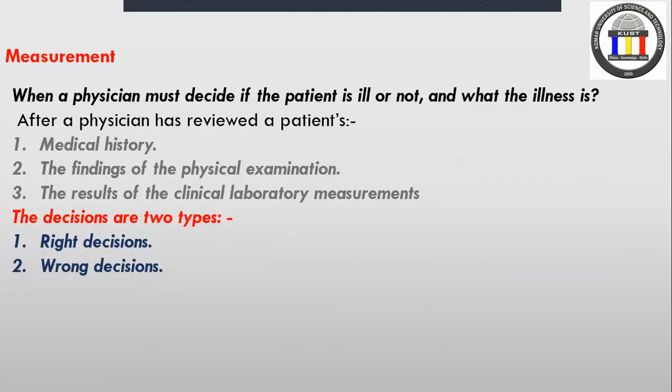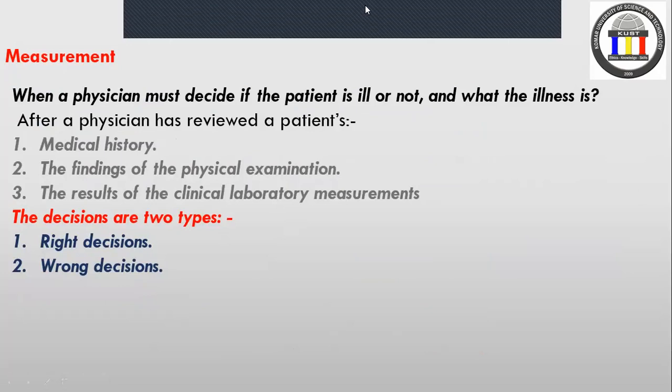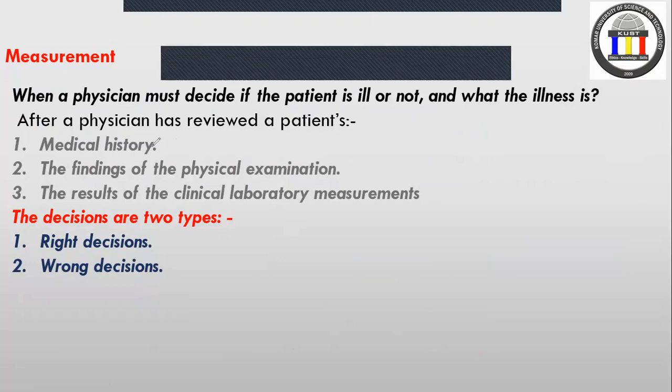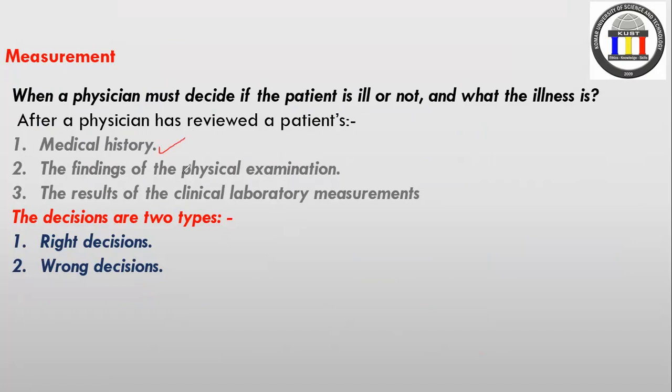So what will the doctor do when he starts to check or decide if the patient is ill or not? He will take the medical history first. He will ask you what you have and what has been happening in the history, and then he will do some physical examination.